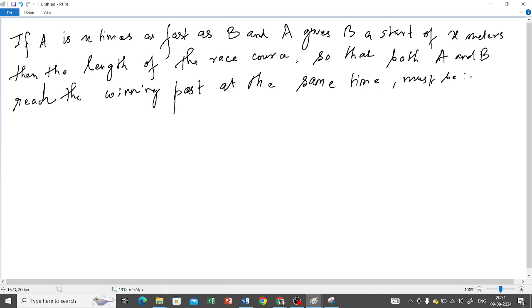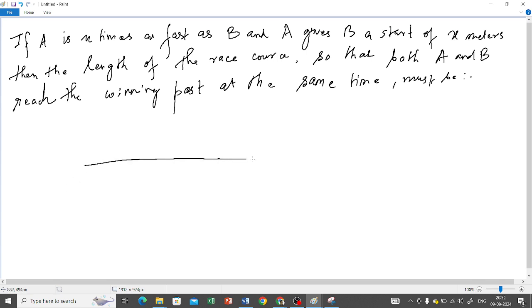Let us derive it. If A is n times as fast as B, and A gives B a start of x meters, that means B starts x meters ahead of A at the same time. Then the length of the race course is such that both A and B reach the winning post at the same time.